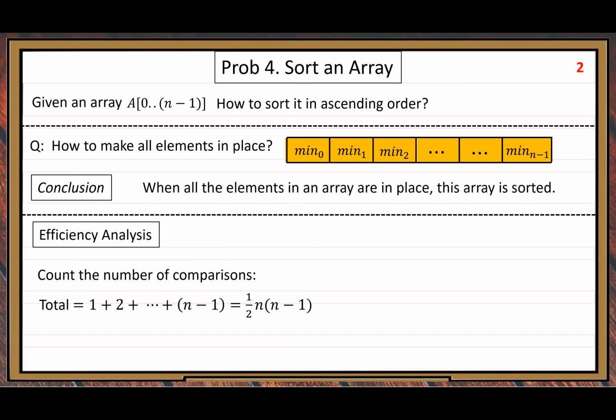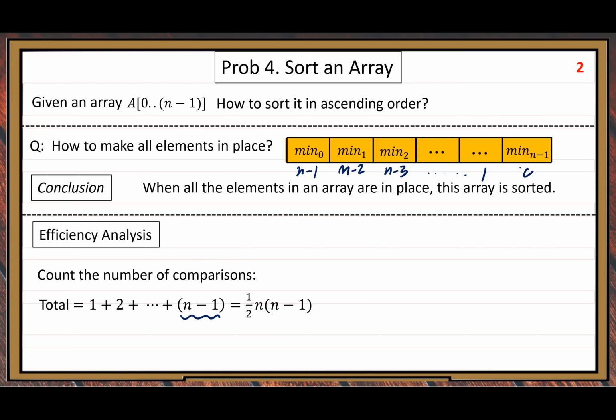The first time you need n minus 1 comparisons. Second time you need n minus 2 comparisons, n minus 3 comparisons, and so on. Second to last one, 1 comparison.